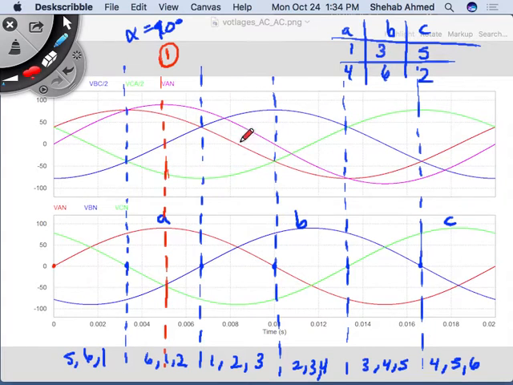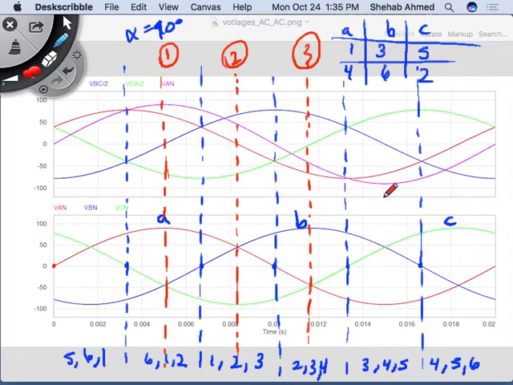Thyristor 2 would be fired 60 degrees later. Thyristor 3, I chose 90 because it's easy, because I have these intersection points, so it's easier to draw.